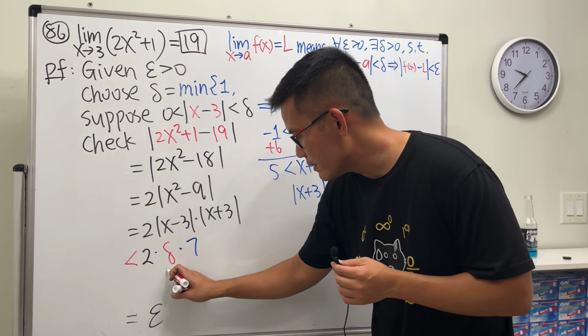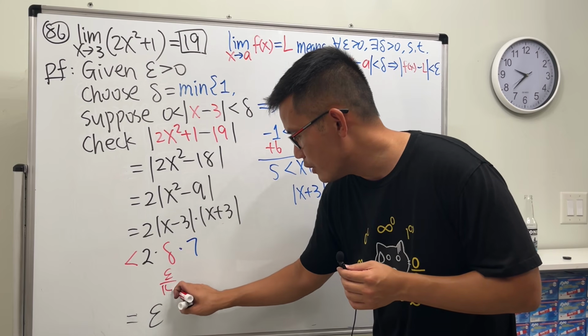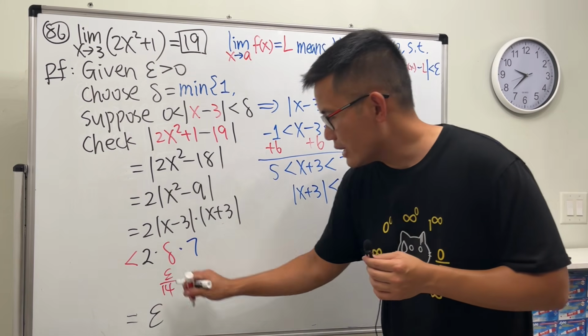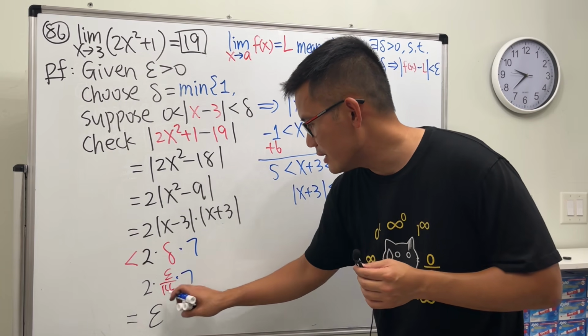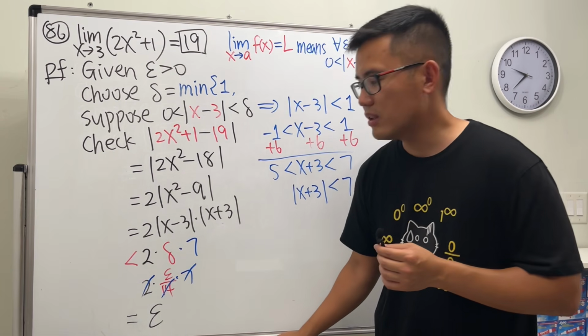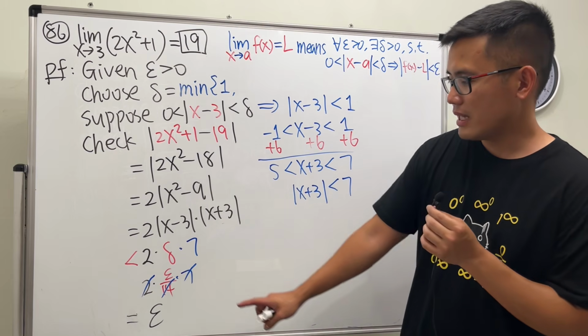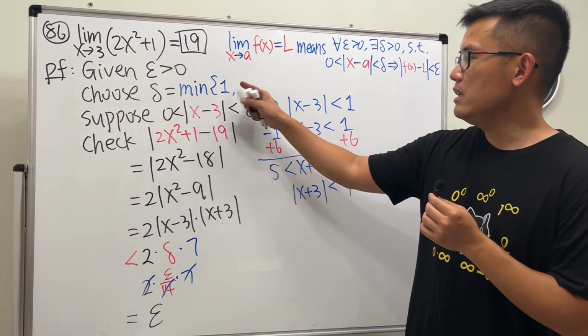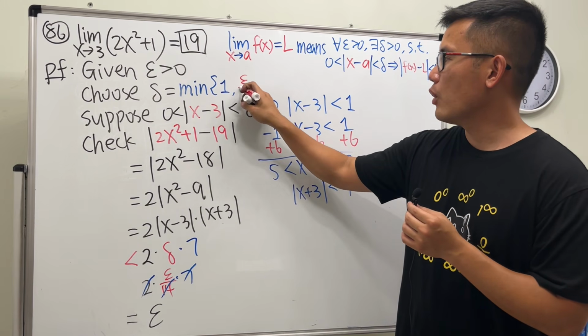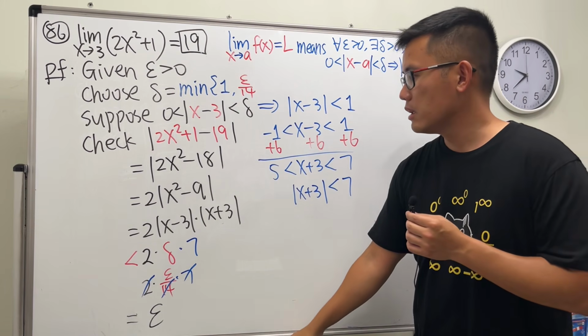So we better have delta to be epsilon over 14, so that 2 times 7, this, and that will cancel. Now, delta we said is epsilon over 14. We come back here and then we put down epsilon over 14.